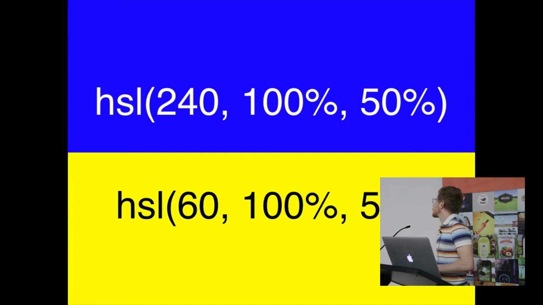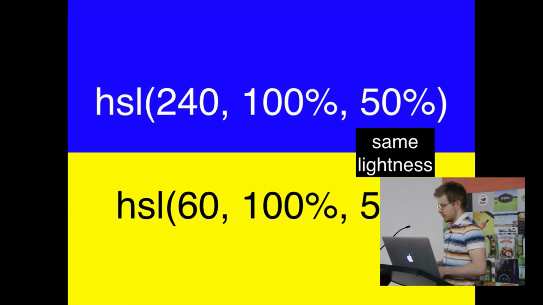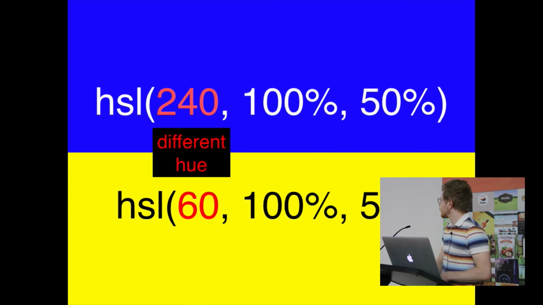These two colors, however, have the same saturation and lightness too, but the blue one looks way darker than the yellow.